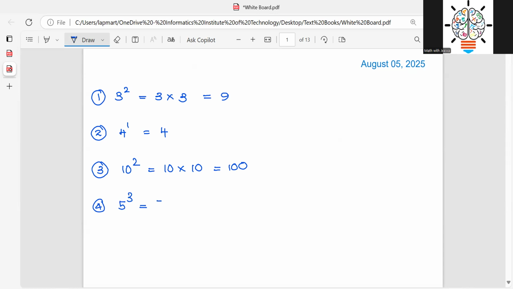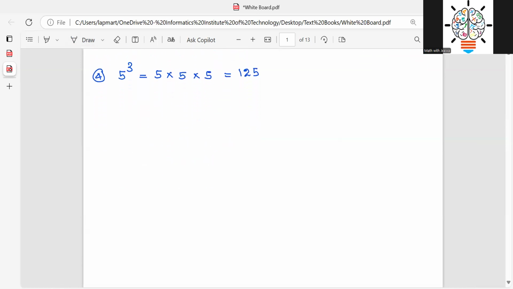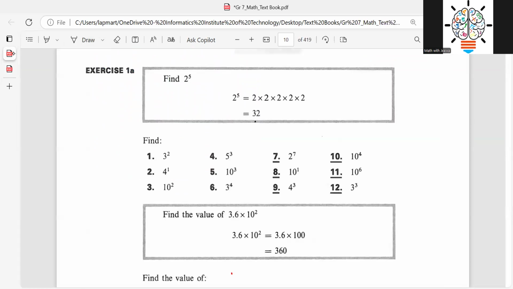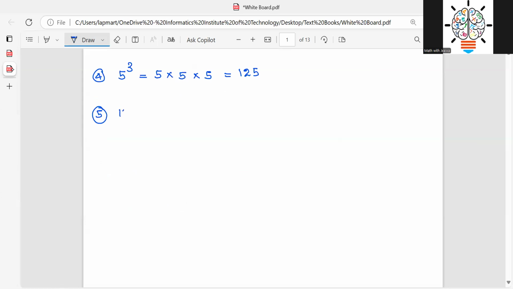So we write 5 times 5 times 5. 5 times 5, 25. 25 times 5, 125. Question number 5, it is 10 to the power 3. 10 to the power 3 means 10 multiplied by 10 multiplied by 10. So that is 1000.